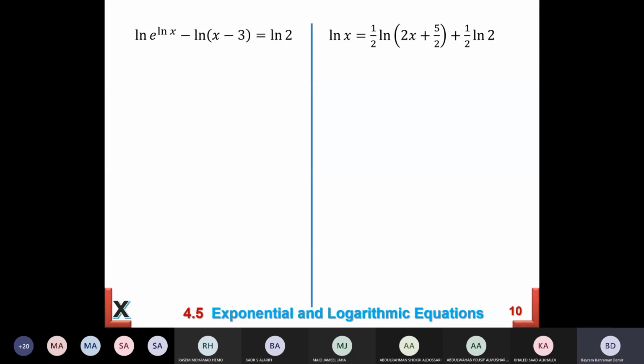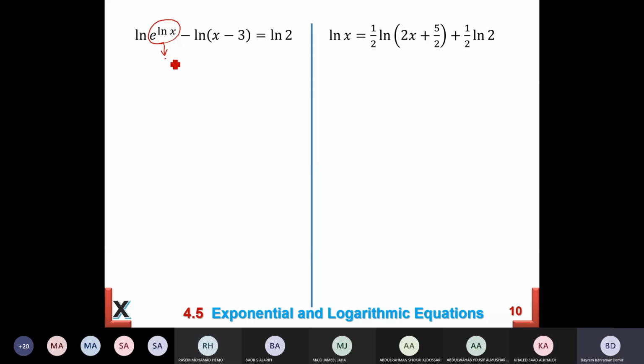Well, let's see a couple more questions here. ln of e to the ln x. Anybody knows this part, Shabab? e to the ln x, what is that? x.